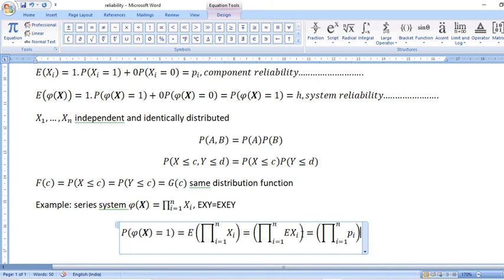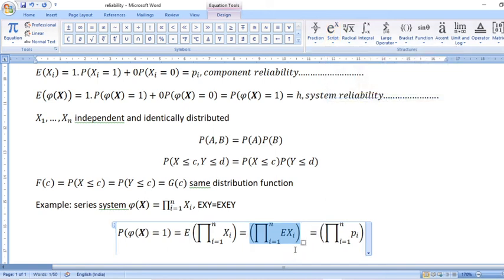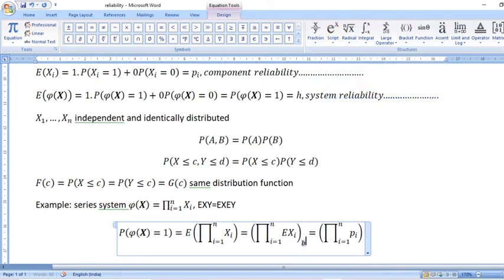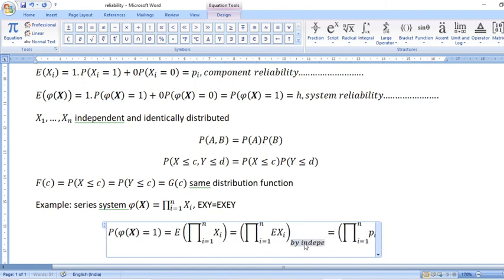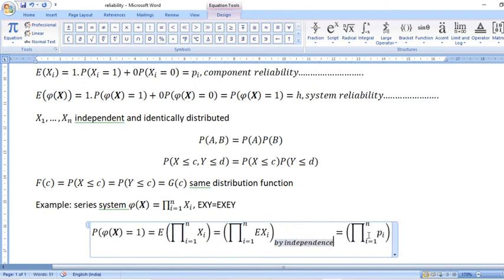So this can be obtained when x1, x2, xn are independent and identically distributed. Since this step comes based on the independence assumption, by independence.